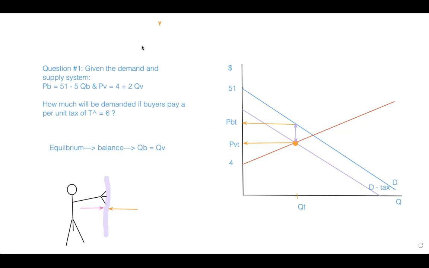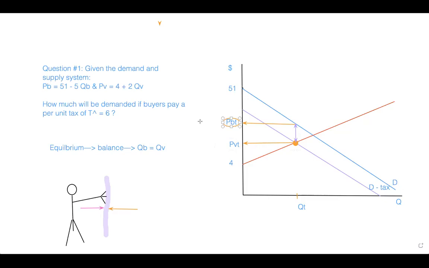So when we talk about this particular price, a lot of people would say, well, that's the price including tax. That's a little imprecise, because as we'll find out a little bit later, it turns out that the tax affects both the price that the buyer pays and the price the seller receives.